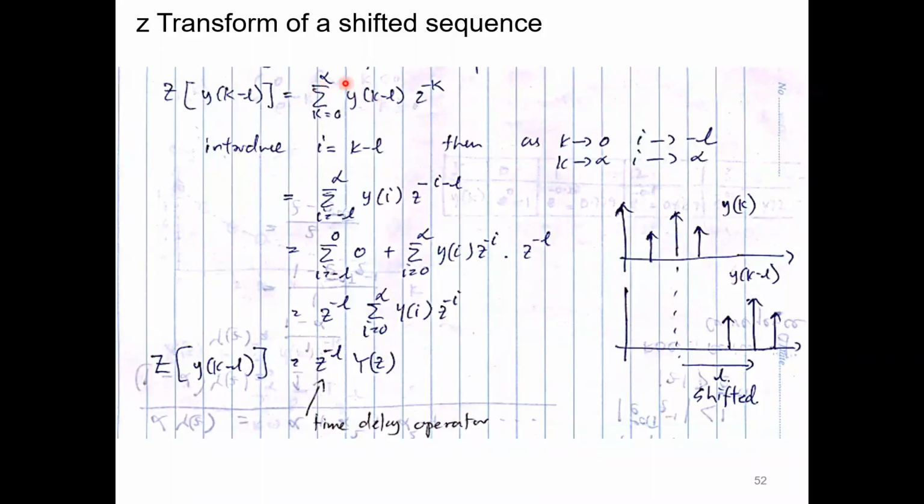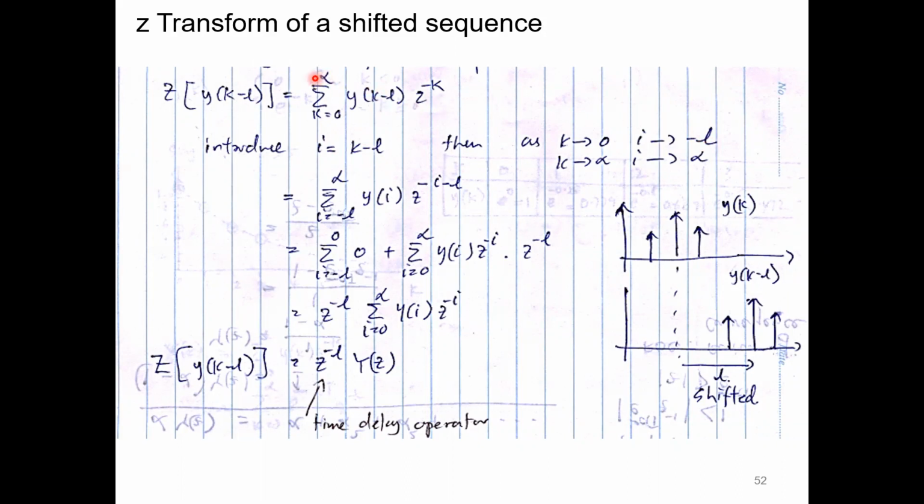So when I do that, I have to look at what is happening around it. There's a summation which has a lower limit and an upper limit. I have to change the limits also, because with this introduction of i, k is not the time index anymore, it's going to be i. So the summation limits also have to be changed accordingly. The lower limit k equals 0: as k goes to 0, i goes to minus L. That is the lower limit corresponding to i, or corresponding to k equals 0.